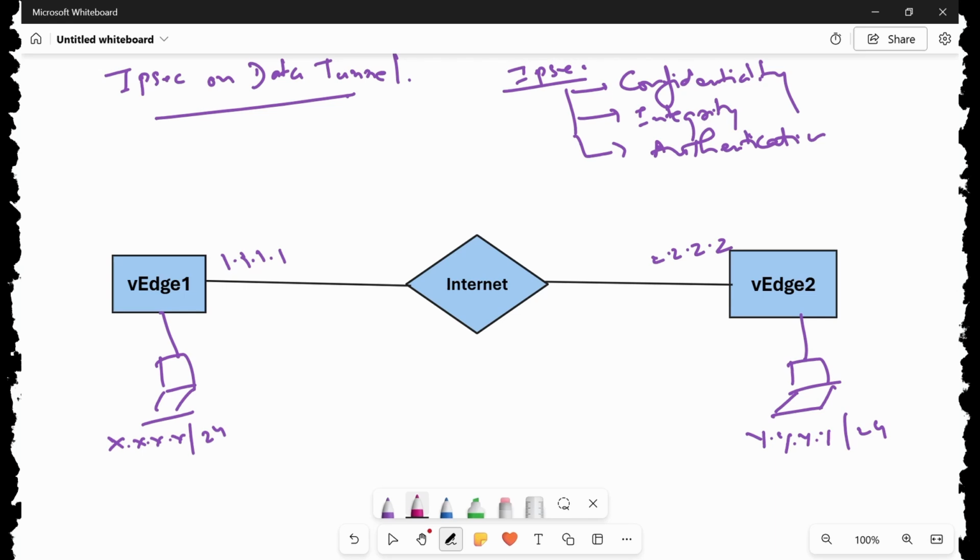First thing we have to know is which layer of the OSI model IPsec works on. It works on the network layer.